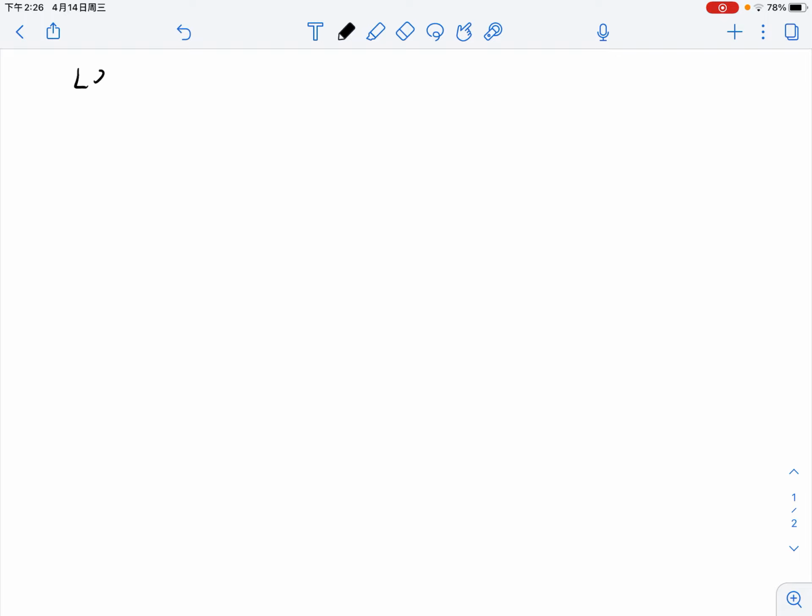So first, let's discuss the so-called independence number. Let G be a graph of order n.